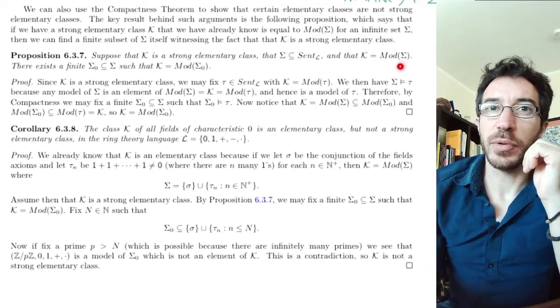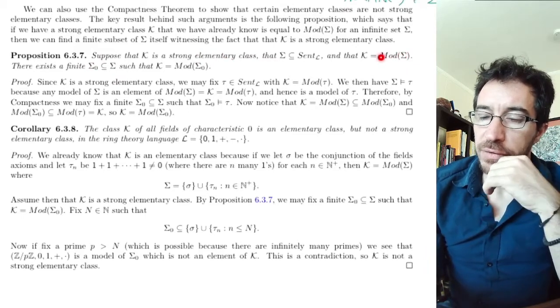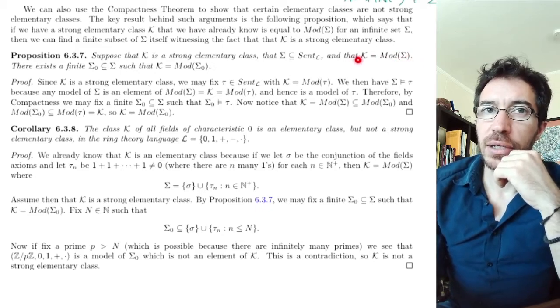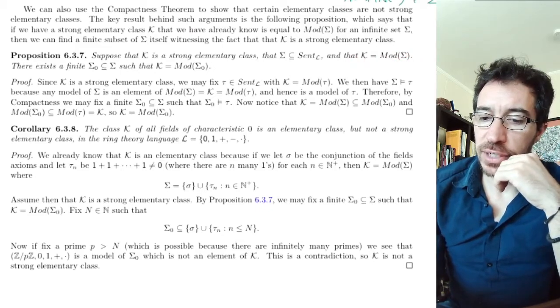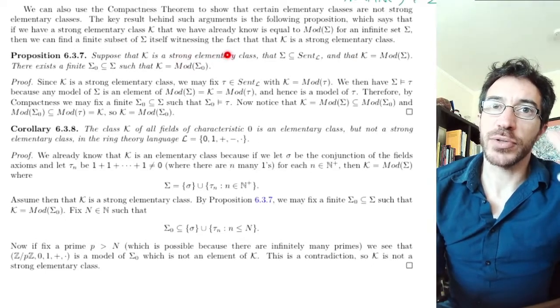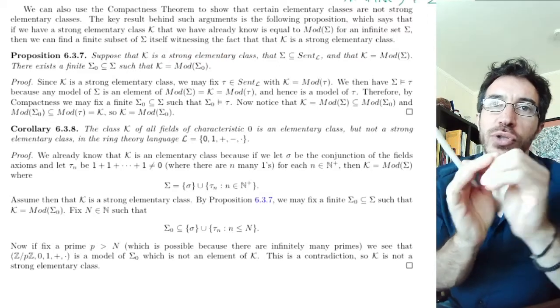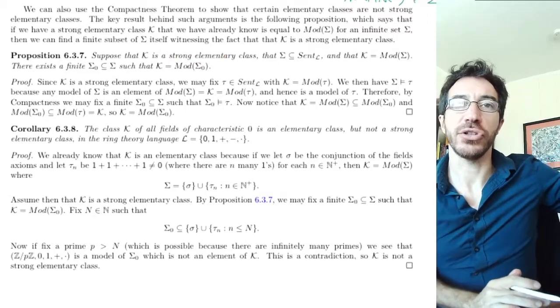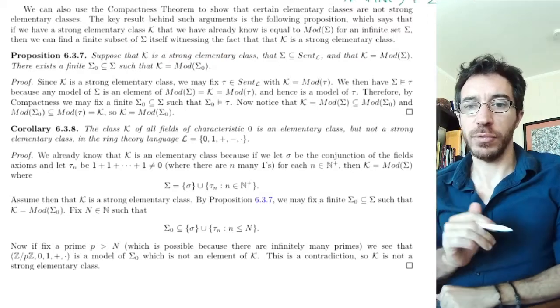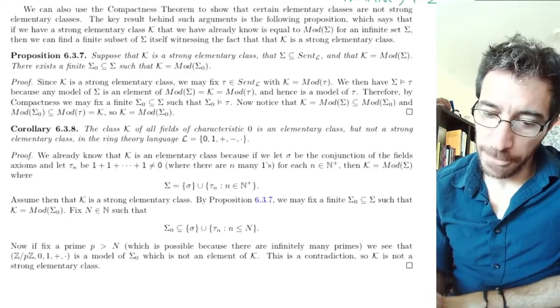That's going to be useful because if we have sigma for K and we want to prove that it's not strongly elementary, we assume that it's strongly elementary, so it has to be axiomatized by a finite subset of those, and not by maybe some other formula that we cannot control, as we're going to see in the example afterwards. Okay, so let's look at the proof of this proposition.